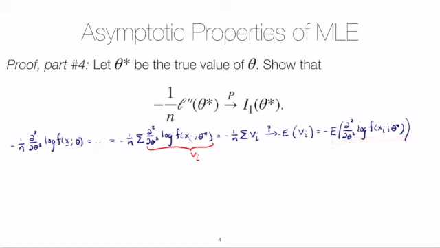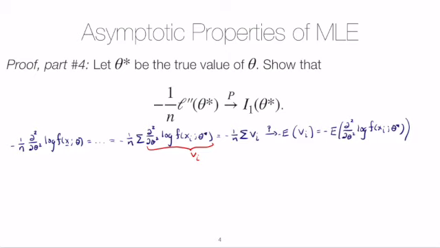So it is the Fisher information. The definition was the variance of the score, but we had some simplification rules that said we can write that as the negation of the expected value of the second derivative of the log likelihood. And here this is the likelihood for one data point.